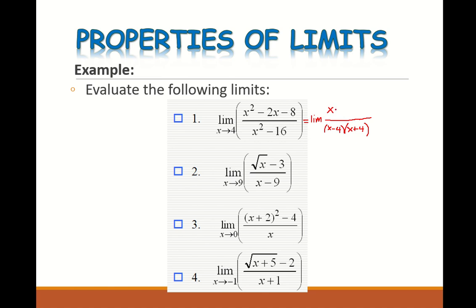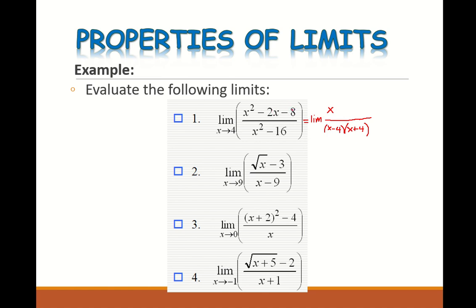The factors of 8 are 2 and 4, right? Since 8 is negative, the factors are positive and negative. Since the middle term is negative, we take the bigger factor as negative. So in this case, we have negative 4 and positive 2.